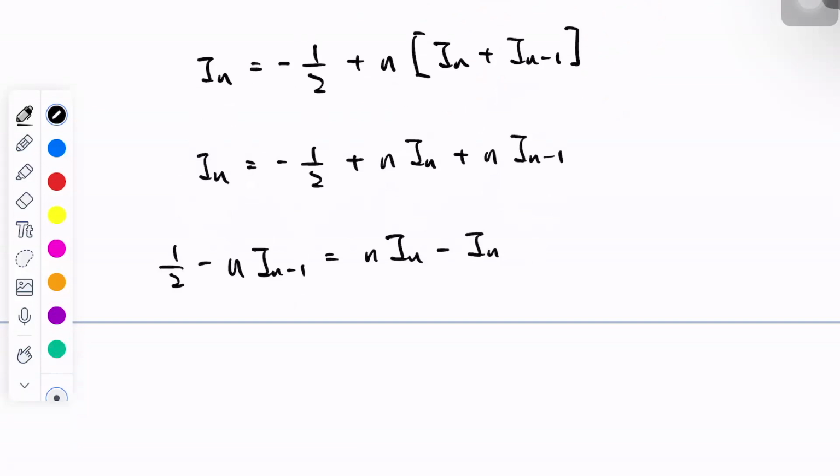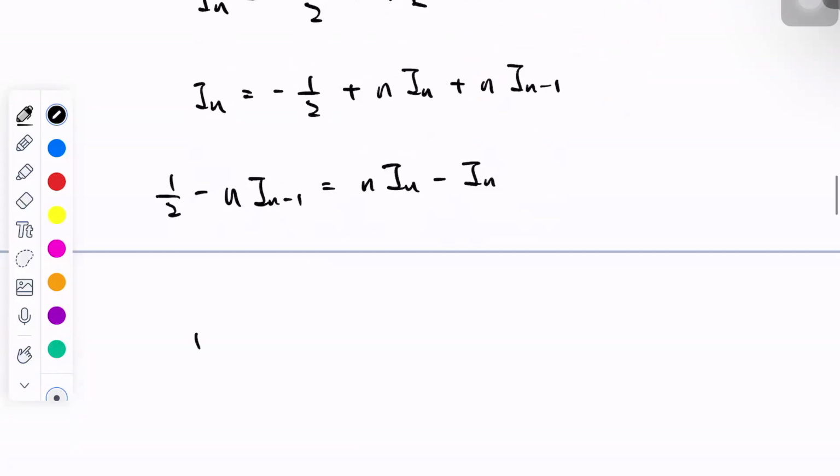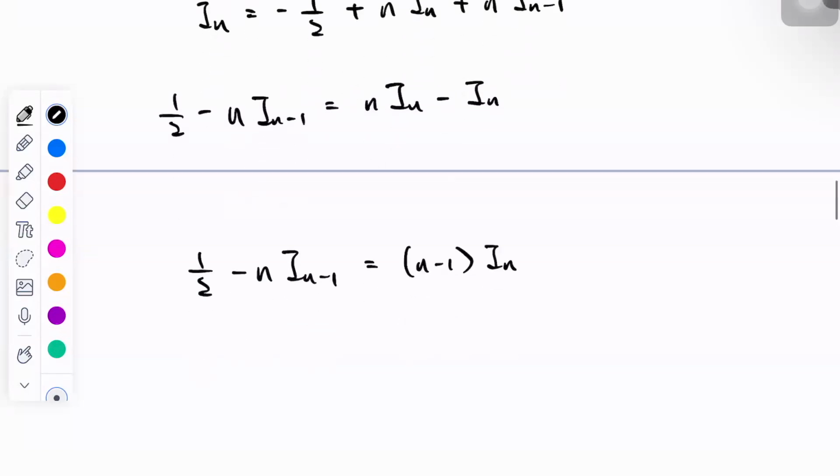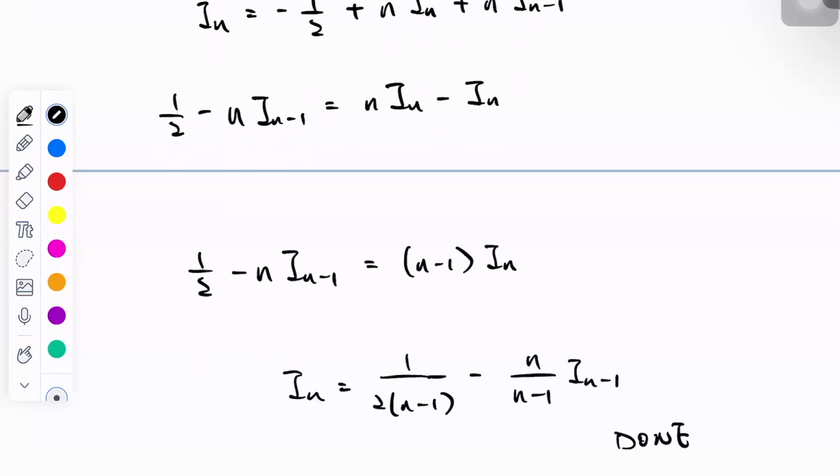And that's why I will just simply have 1/2 minus (n minus 1), take out the (n minus 1) I_(n-1). Then what is I_n? I_n is just simply 1 over 2 (n minus 1) minus n over (n minus 1) I_(n-1). Then we are done for part 2.